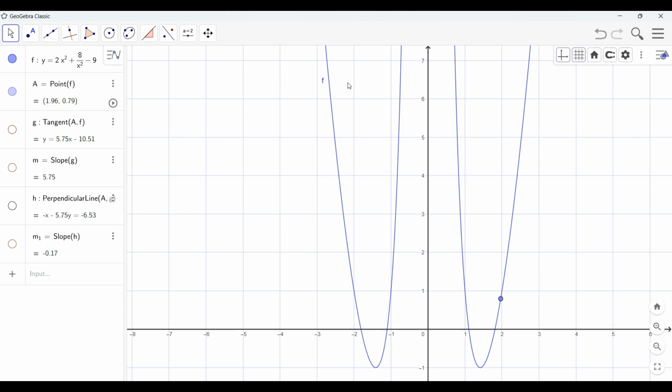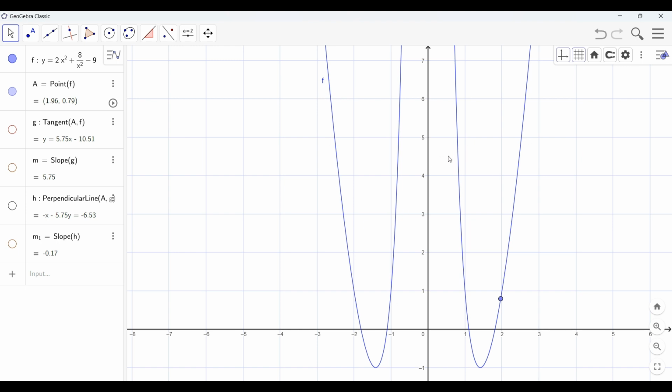What you see here is a plotting of the curve y equals 2x squared plus 8 over x squared minus 9. It makes this odd shape symmetrical about the y-axis, kind of like two skew-looking parabola type shapes. Interesting curve to have a look at, but this is the shape it makes.